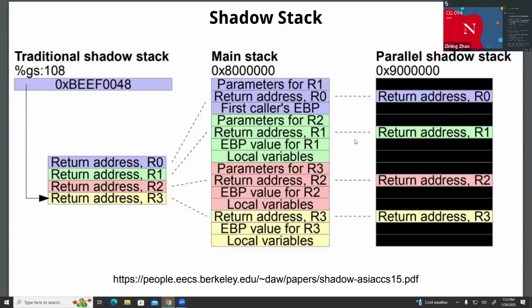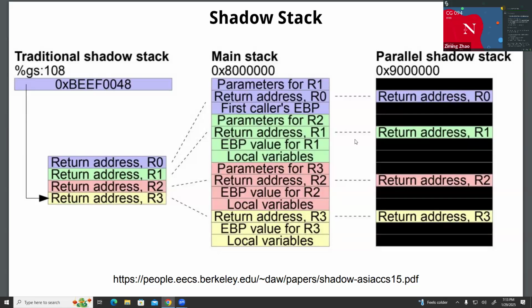The problem we are facing in previous attacks is that the return address is overwritten by the attacker, right? So what if we take away that ability from the attacker? What if the attacker doesn't have the ability to overwrite our return address on the stack? So how do we do that? We maintain two copies of return addresses.